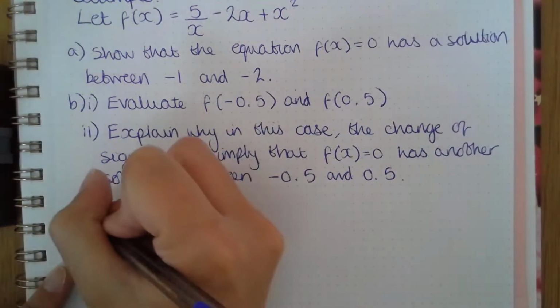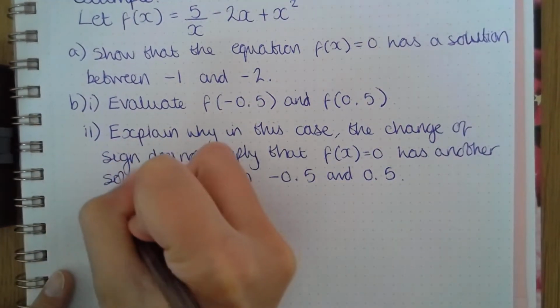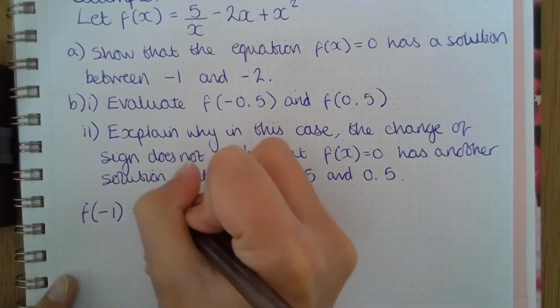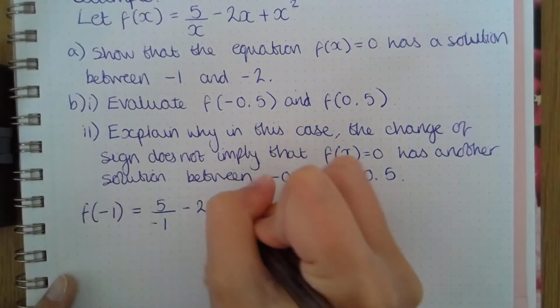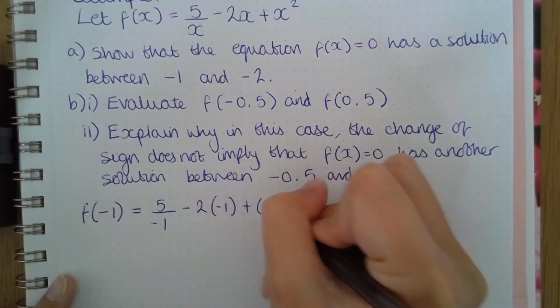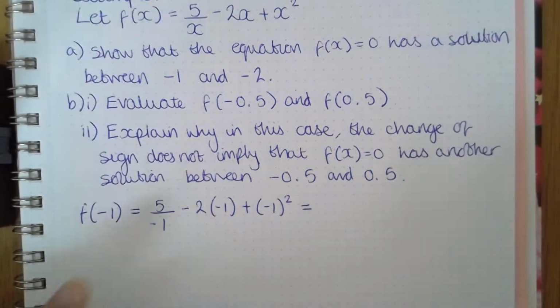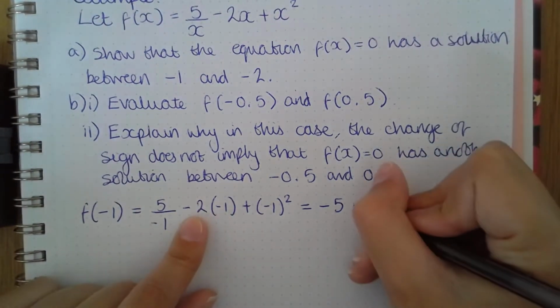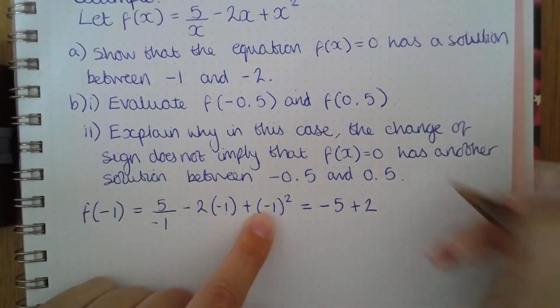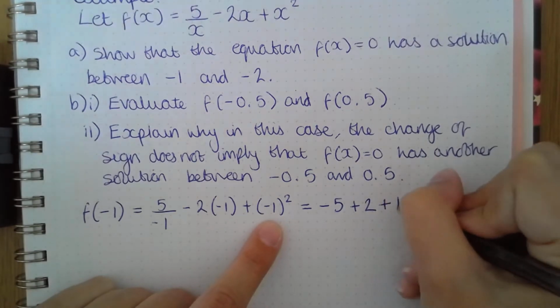So we're going to sub in -1, which is 5 over -1, take 2 times -1 plus -1 squared. 5 over -1 is -5, -2 times -1 is +2, and -1 squared is 1, so +1.